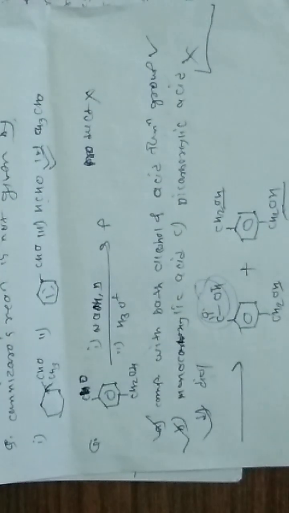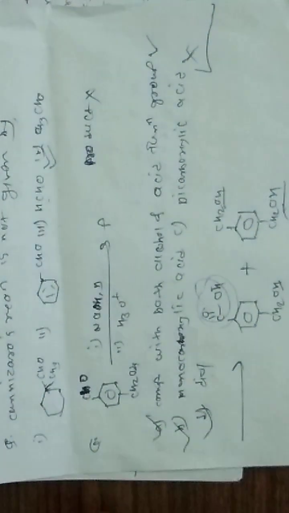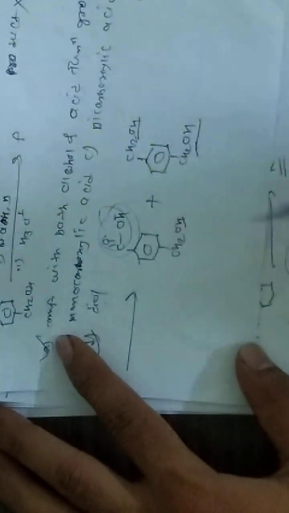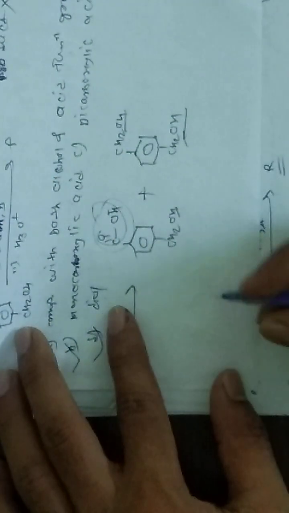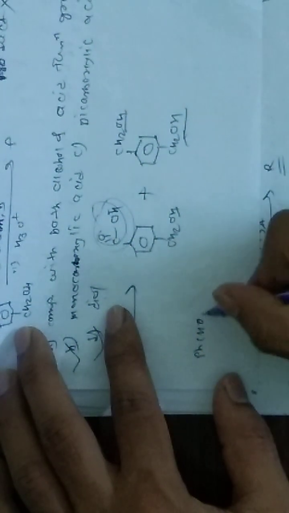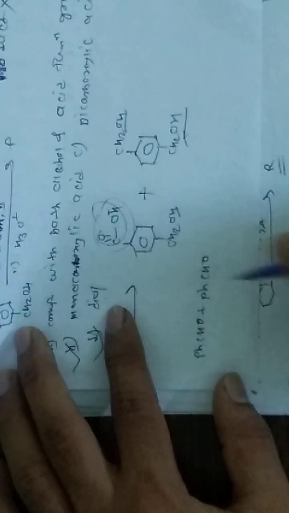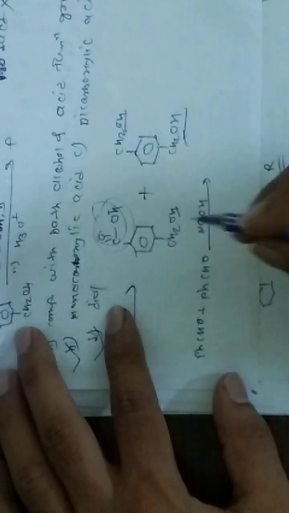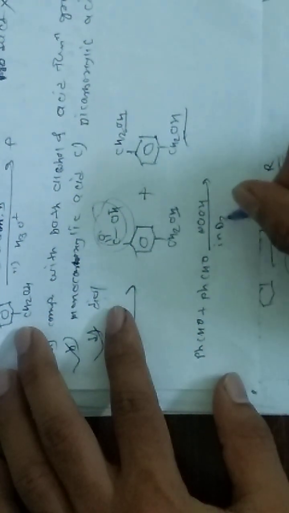Now another very simple question, asked in JEE June 2022. The question is: the correct structure of product A formed in the following reaction is. The given reaction is PhCHO plus PhCHO with NaOH in D2O.